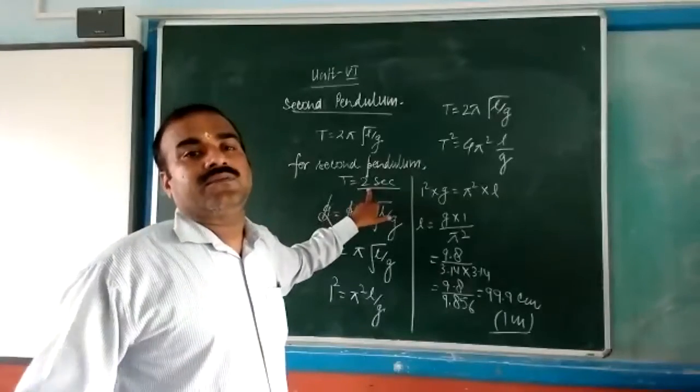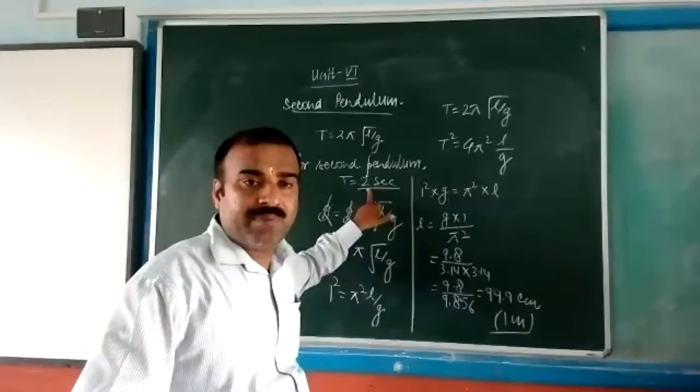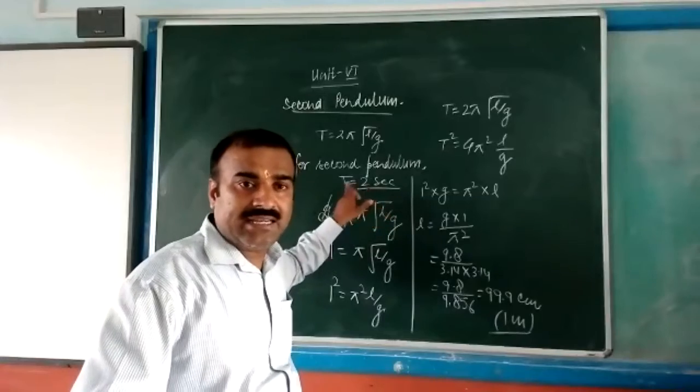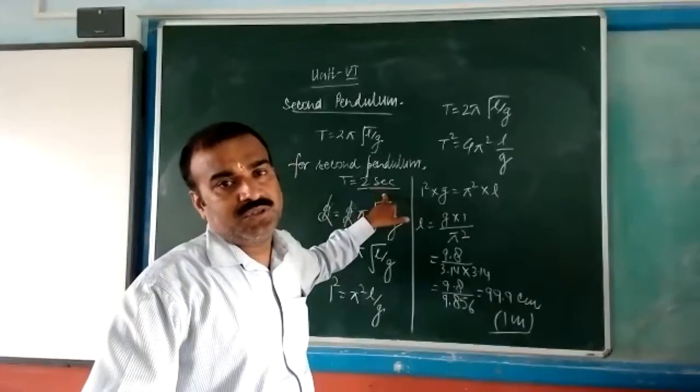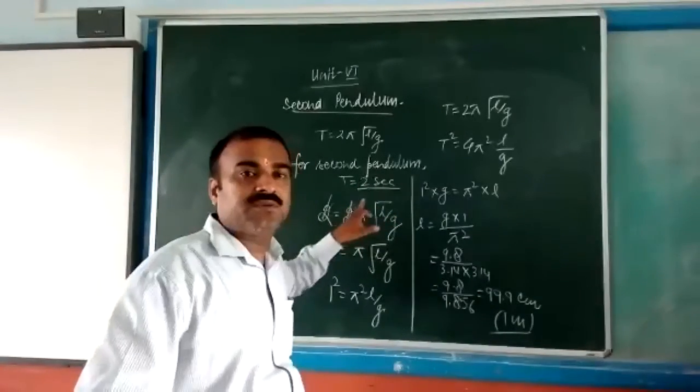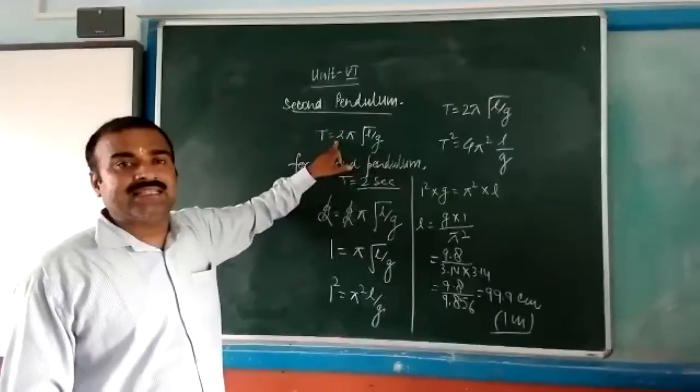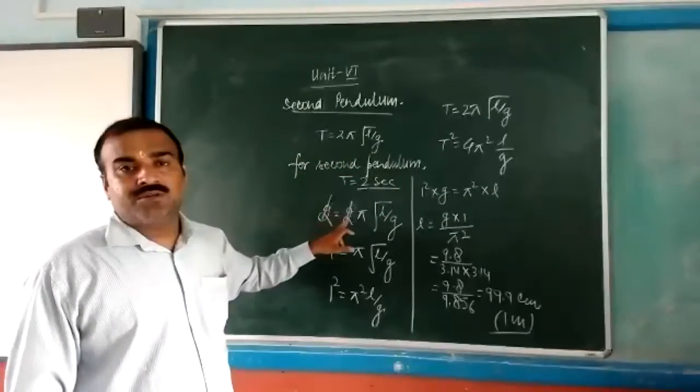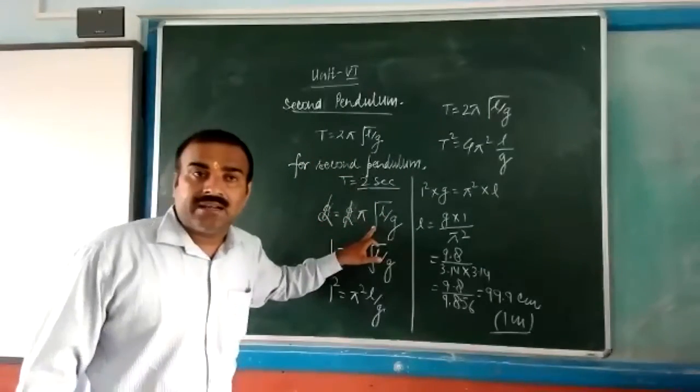But for the second pendulum, the time period is 2 seconds. So here T equal to 2 seconds. Now put this value of T equal to 2 seconds in this equation. So 2 equal to 2 pi under root L by G.